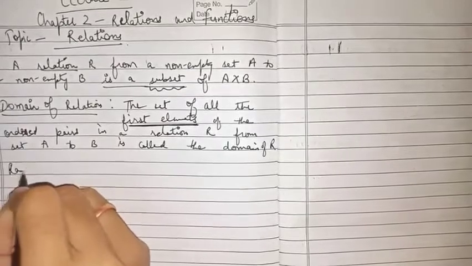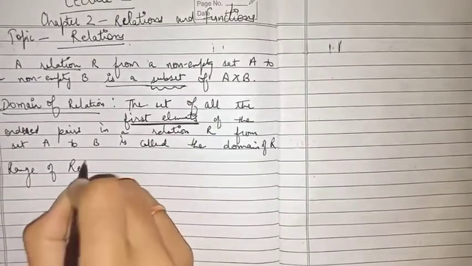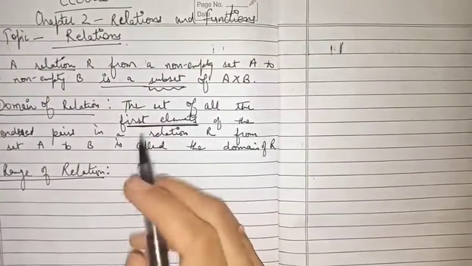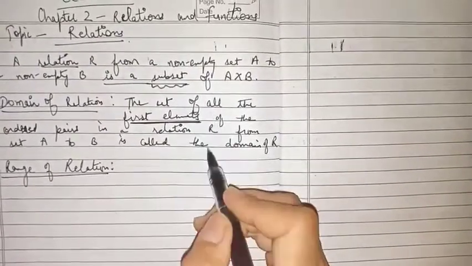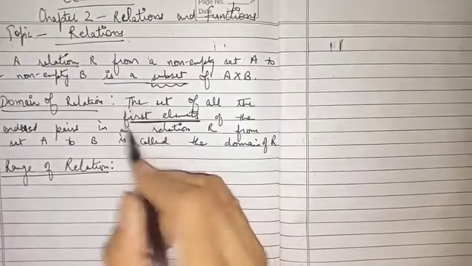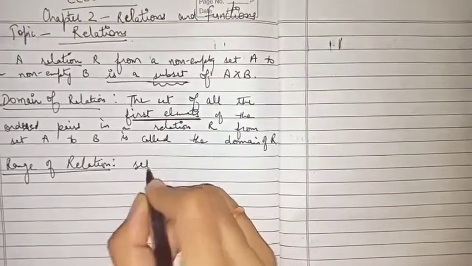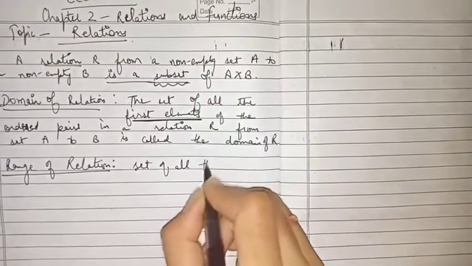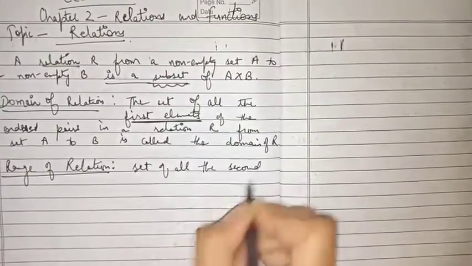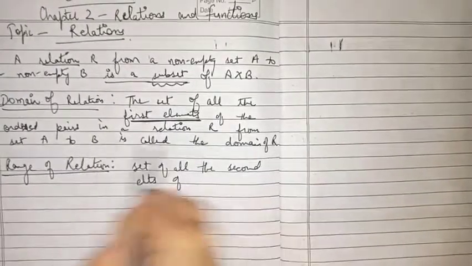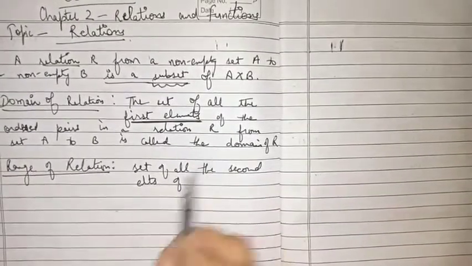The next definition is the range of a relation. The definition will remain the same, but here it will be the second elements. The set of all the second elements of ordered pairs in a relation R from the set A to set B is called the range of the relation.